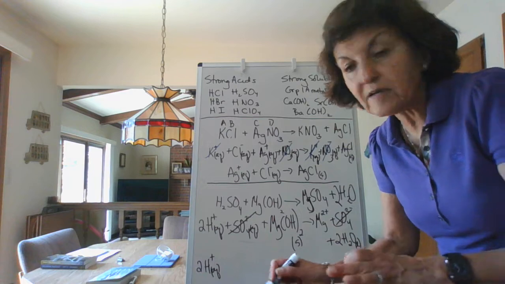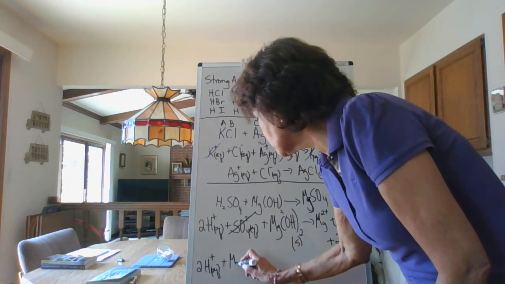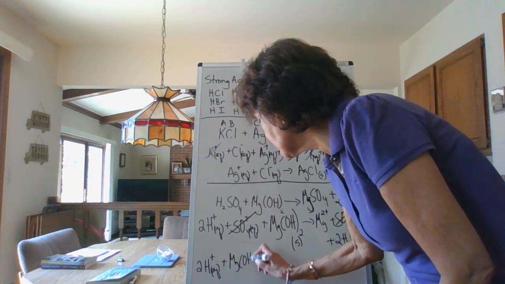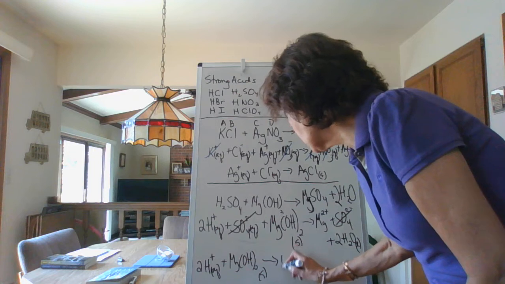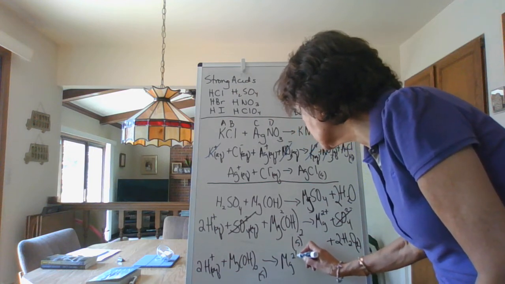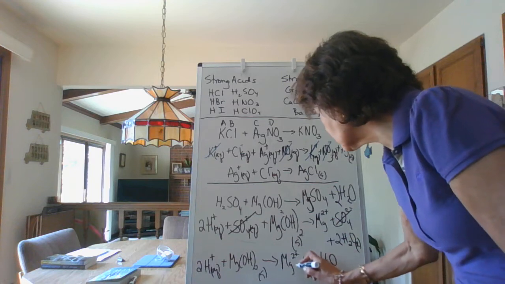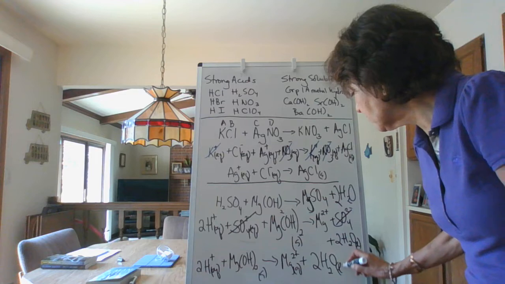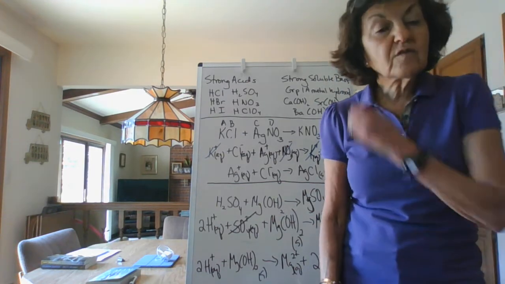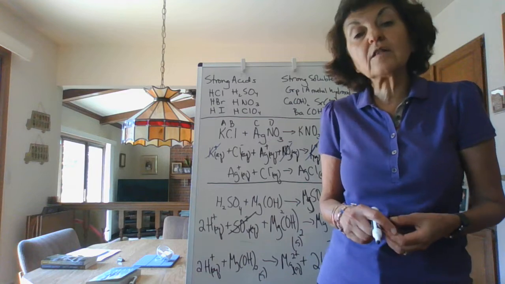The sulfate is the spectator ion. 2H+ aqueous plus the magnesium hydroxide solid will give you magnesium 2+ plus 2H2O liquid. There you go.